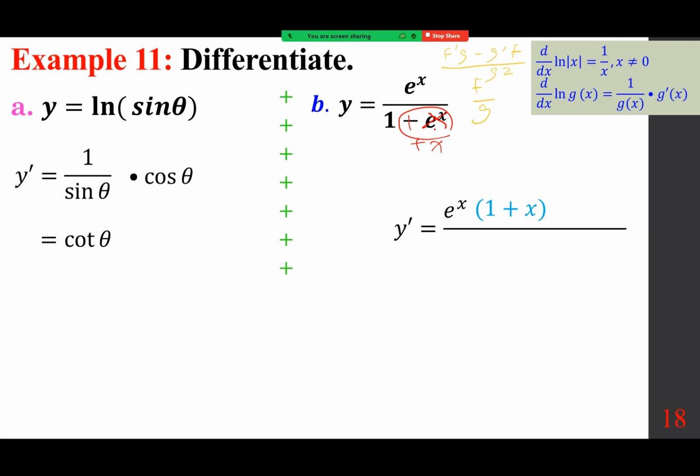And minus g prime. So the derivative of the bottom is just 1, minus 1 times the top e to the power of x. And then g squared, just write the bottom, 1 plus x in a parenthesis and a square.